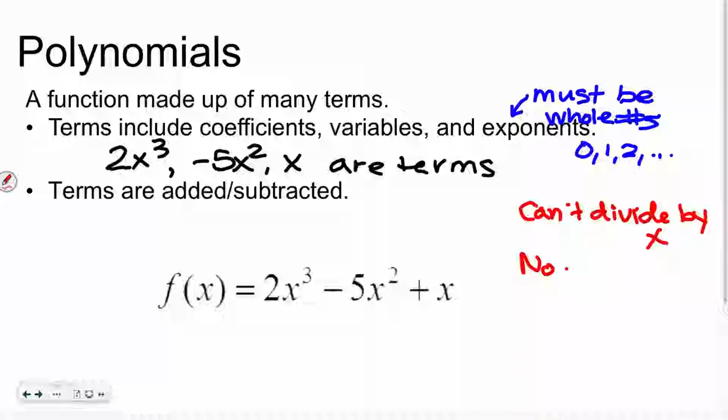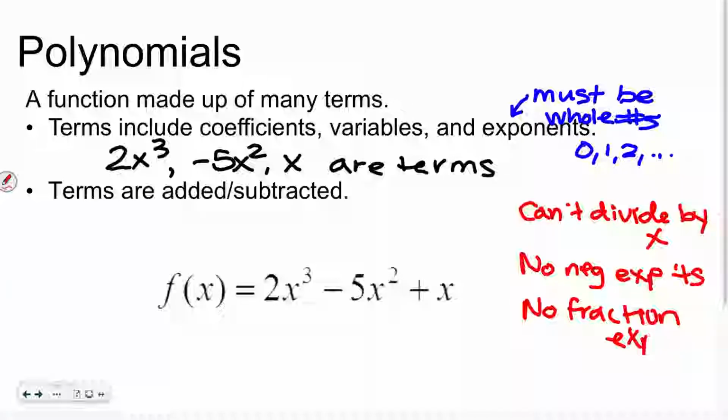We can't have any negative exponents. We can't have any fraction or decimal exponents. So all of our exponents have to be whole numbers.